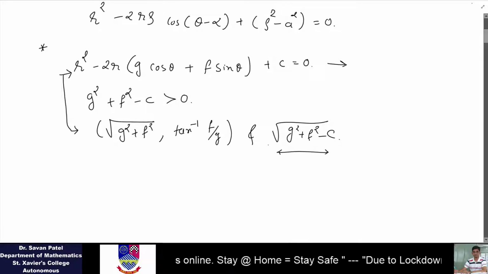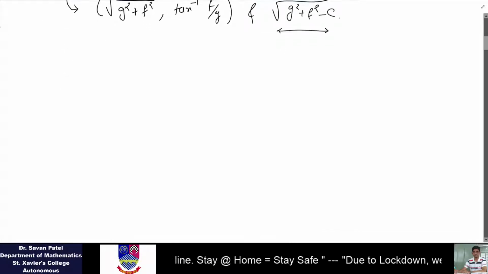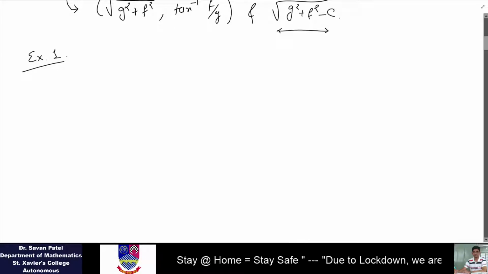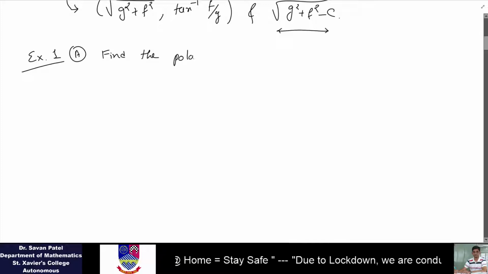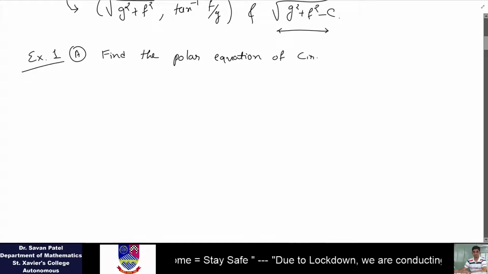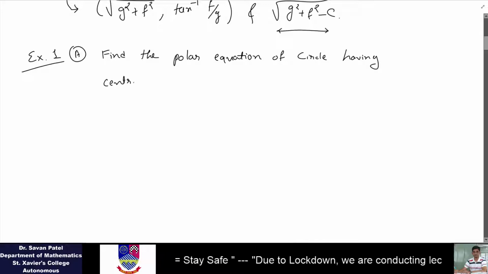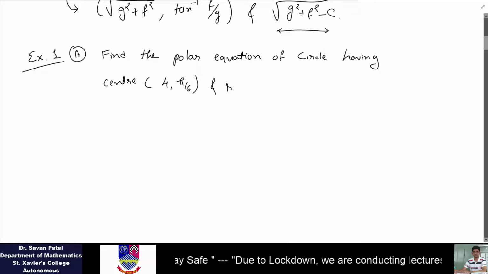Right now, keeping this in mind, let's start the first exercise of this practical. Exercise number 1, first problem: find the polar equation of circle having center (4, pi by 6) and radius 3.